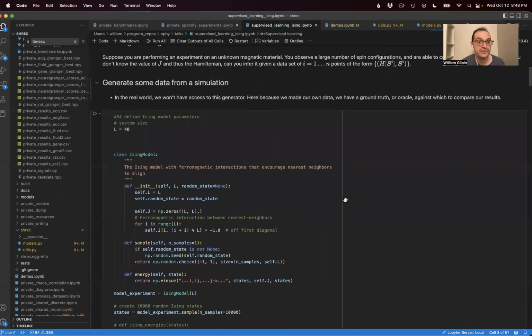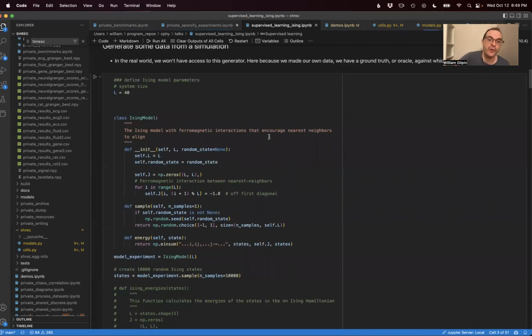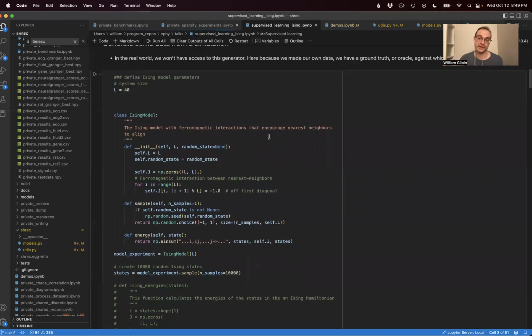Okay, so our first step is we want to generate a bunch of data to train on. In the real world, you'd be using learning when you have some black box experiment where you're trying to relate microstates to energies. We need to simulate that experiment to generate data to work with today. If you were actually using supervised learning in the real world, you probably wouldn't need to do this. This is just so that we can create a toy data set.